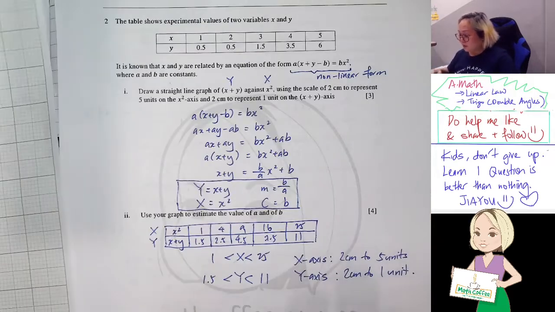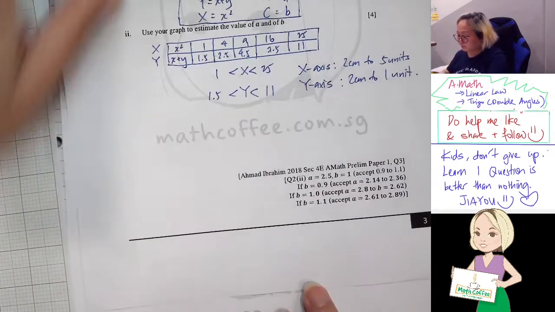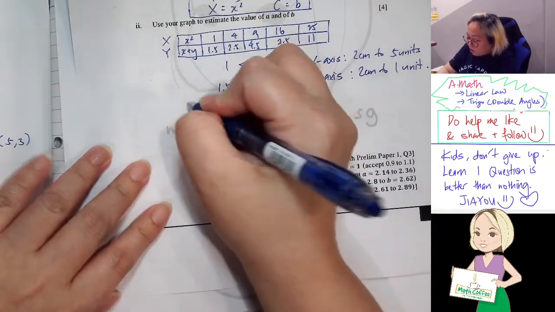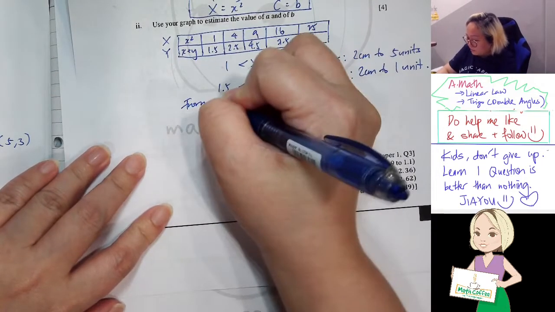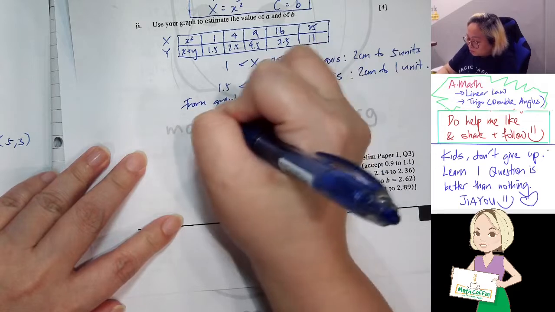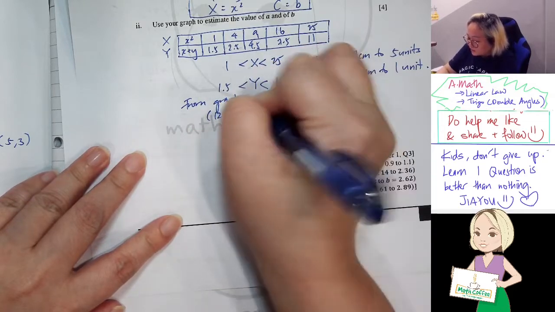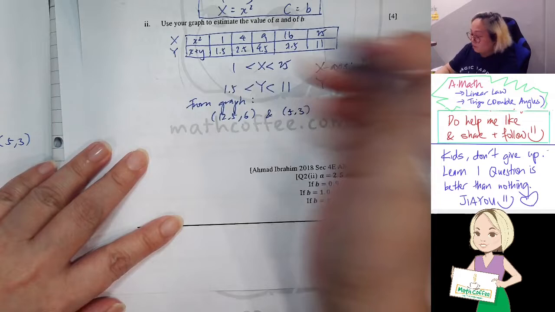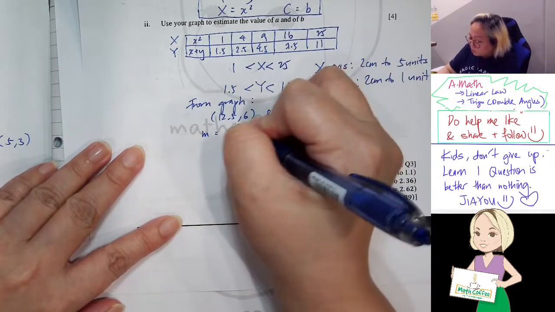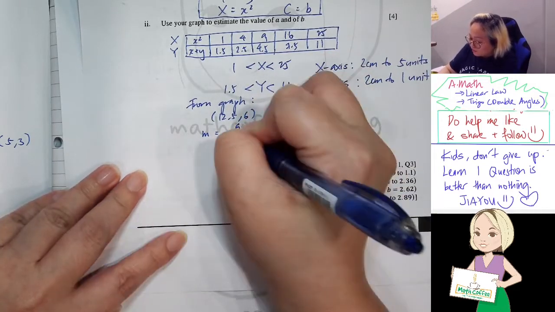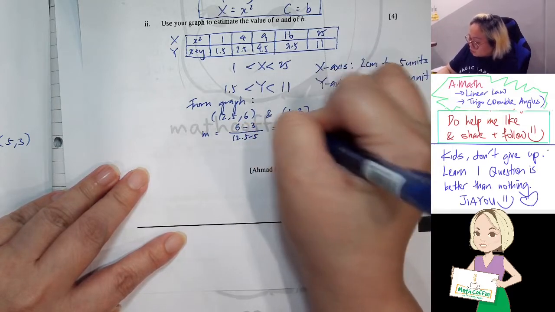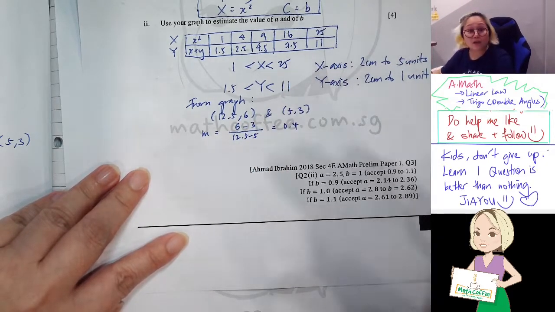Then in your working, you state here: from graph, the two points are 12.5, 6 and 5.3. Then apply your gradient formula: m equals y1 minus y2 over x1 minus x2. And we get 0.4. So we are not done yet.